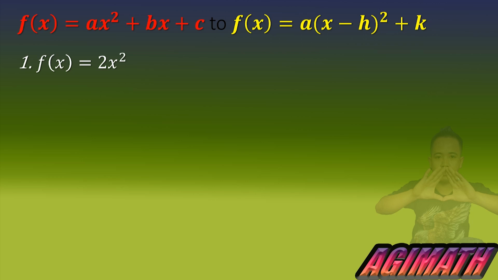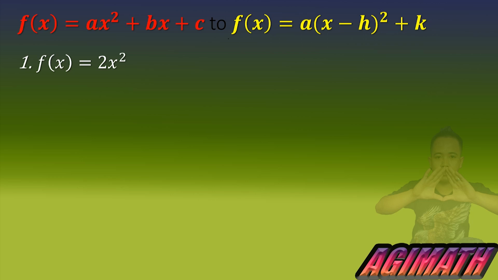Why will I say incomplete? Because in this case, the value of b is equal to 0, the value of c is equal to 0. So if the given function is just as simple as this, the solution is also very simple.